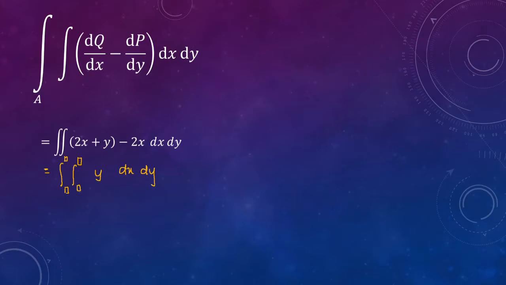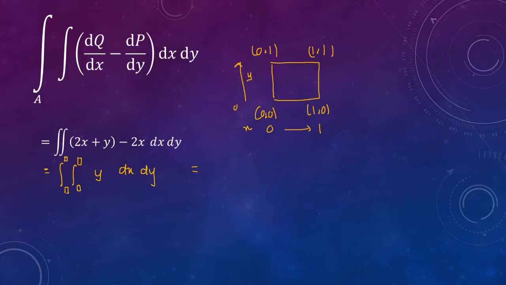So the limit is determined by the square, with vertices (0, 0), (1, 0), (1, 1) and (0, 1). So the limit for our x is 0 to 1, and for y is 0 to 1. So we substitute the values: integral 0 to 1, integral 0 to 1, y dx dy.